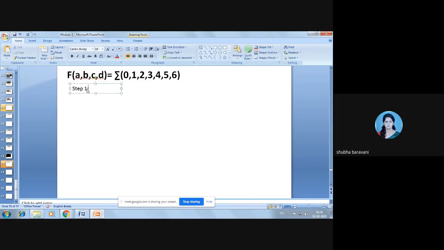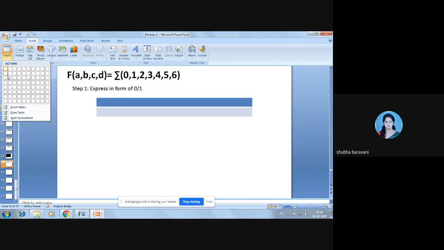Express in the form of 0 or 1. So what I'll do, I'll insert a table.